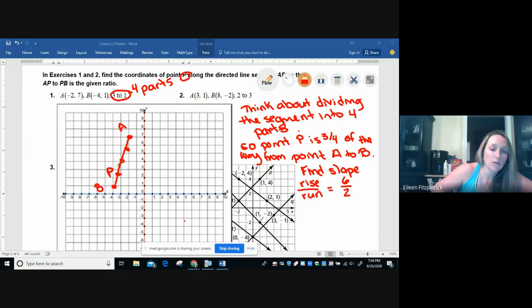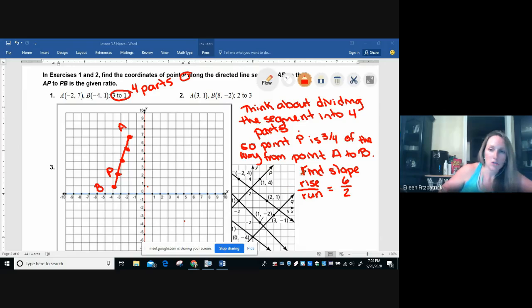It's 3 units away from point A and 1 part of the way from B. So now we have to figure out what the coordinate of that point is, and that's where it's a little bit tricky. Okay, I kind of broke it into pieces so you can visually see where it is.